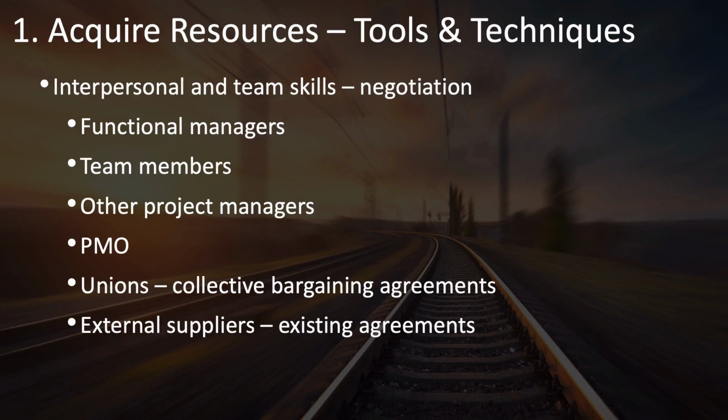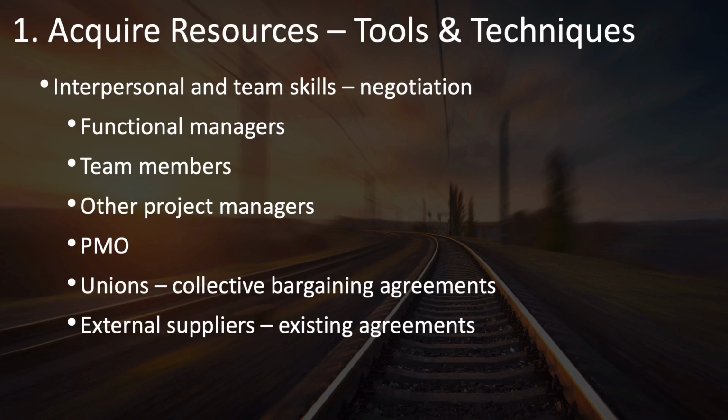You'll also need to negotiate with individual team members, especially as those team members have greater autonomy in deciding where they want to work. Other project managers who have certain resources for their projects or need them for their projects, you may need to coordinate your efforts with them. The PMO, if you have a strong PMO, may be in a position to control or influence the allocation of resources.